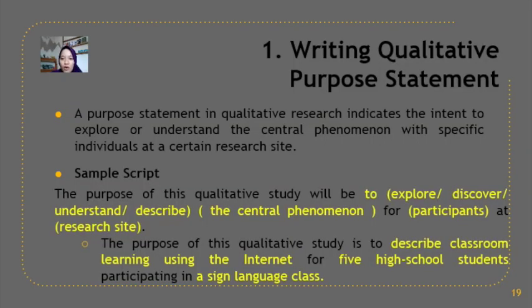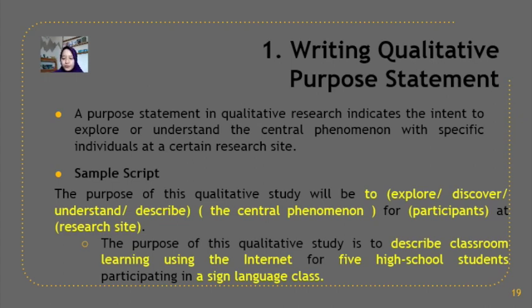To write the qualitative purpose statement, the statement will indicate the intent to explore and understand the central phenomenon, so we have some guidelines. The first is to mention the study as qualitative, because the reader or audience may be familiar with the design, and state the central phenomenon we plan to explore deeply.